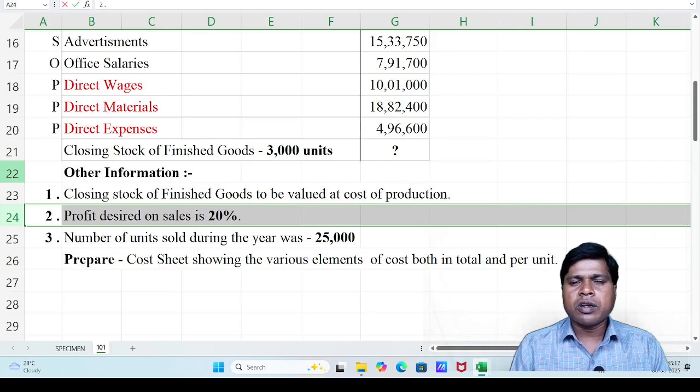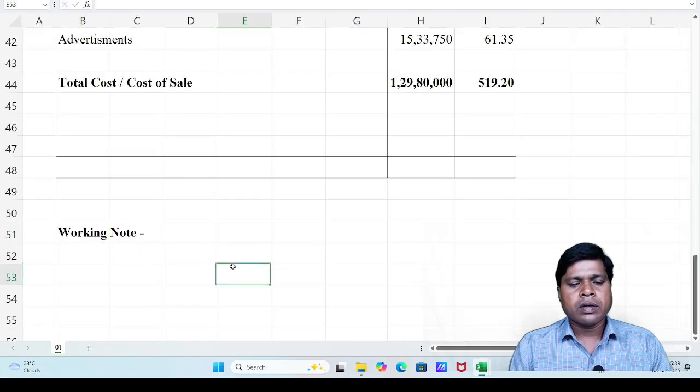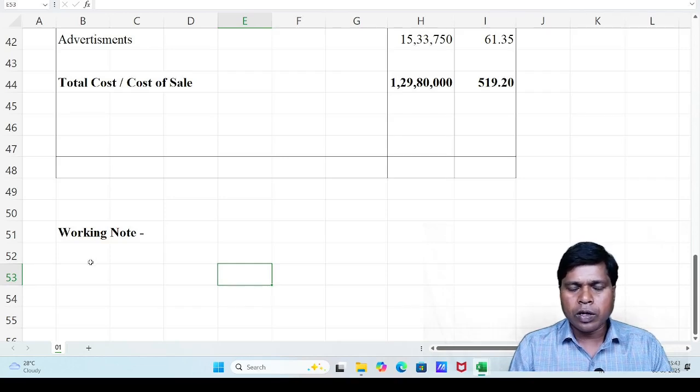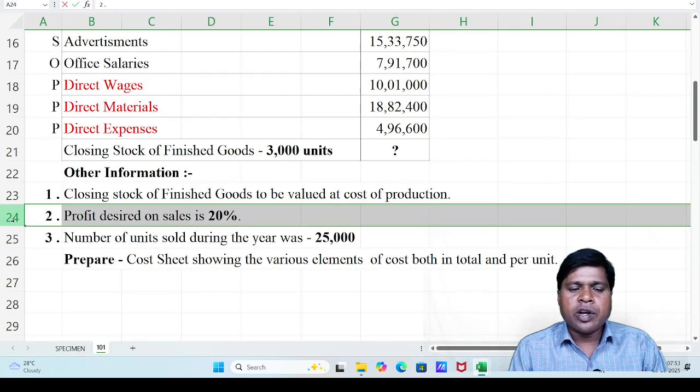Student, for this calculation we have to make one working note, and after that working note we will get the amount of profit and sales. I am making the working note after the statement of cost sheet. Profit desired on sales is given as 20%. Here we have to consider selling price as 100% because selling price is the final total, including all amounts.